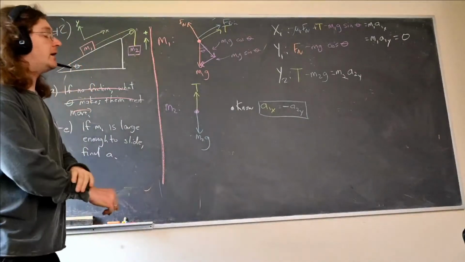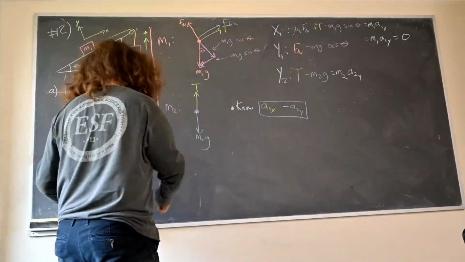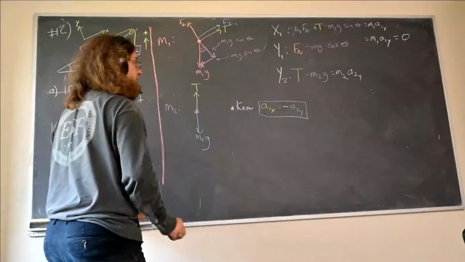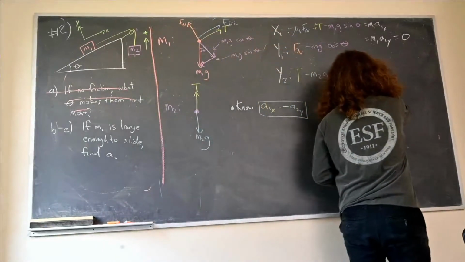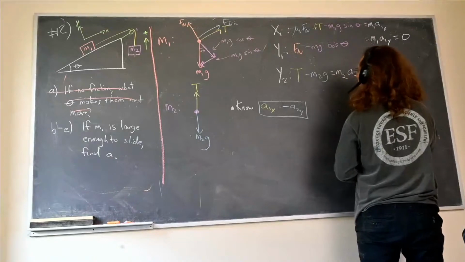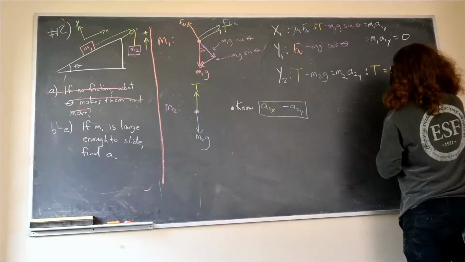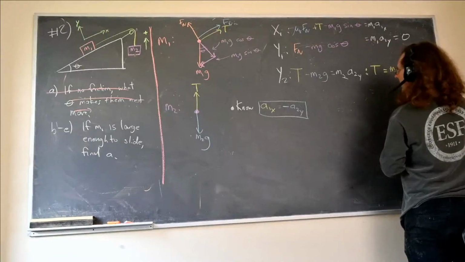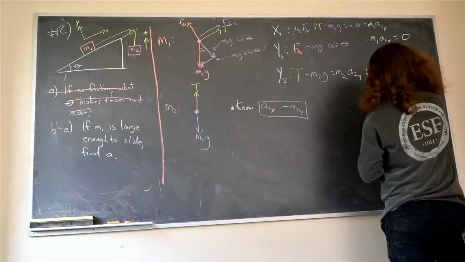So now that I know that, I can make progress. I'm going to solve equation number 2 for T as before. This gives me that T equals m2a2y plus m2g.